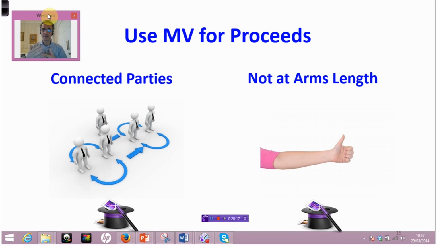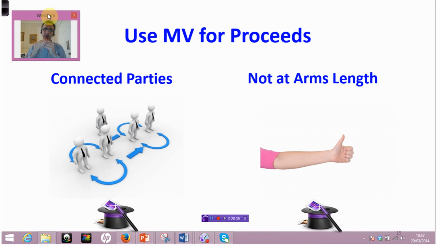Okay, and similar to that, and I'll give you a definition of connected parties in a moment, is perhaps where the parties aren't connected, but the transaction would appear to be something that's not at arm's length. In other words, perhaps the proceeds are, for one reason or another, depressed. And what the revenue want to do, again, is stick in MV for proceeds.